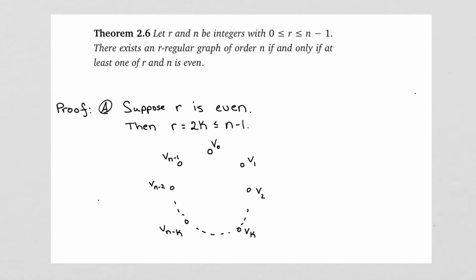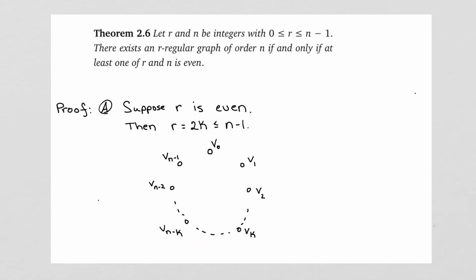Now, because k satisfies this inequality that 2k is less than or equal to n minus 1, this set of vertices up to v_k is completely distinct from this set going around this way to v_{n-k}. There's no overlap. It could be that v_k is directly followed by v_{n-k}, but they're definitely distinct, and there might be some other vertices in between those two.